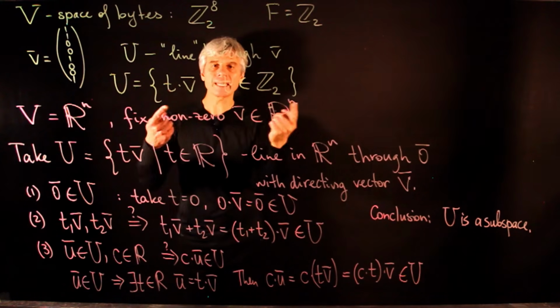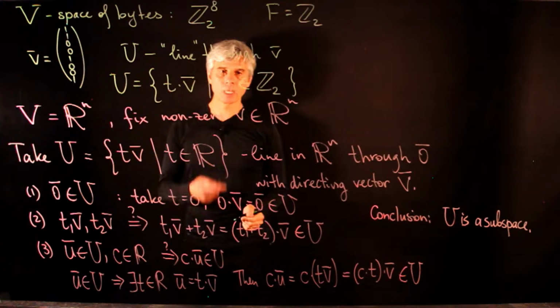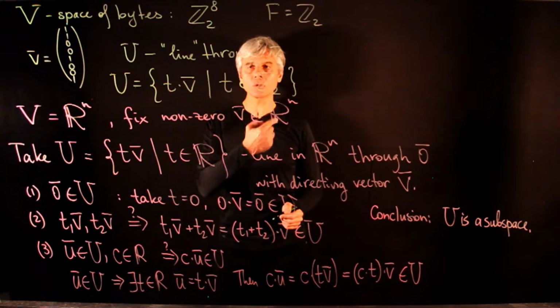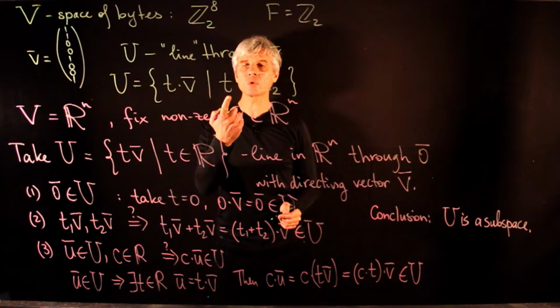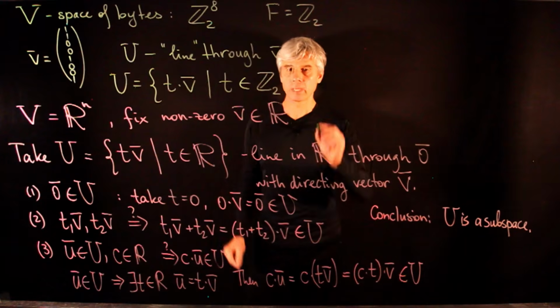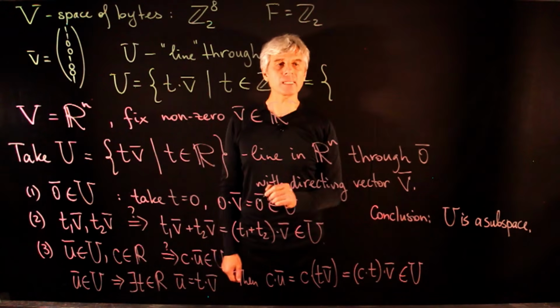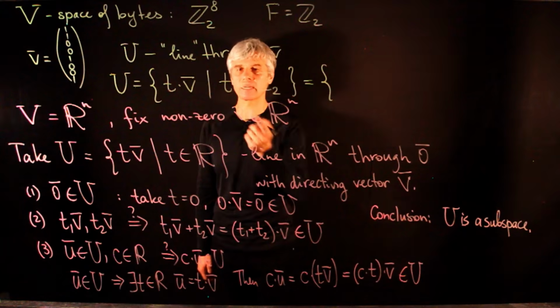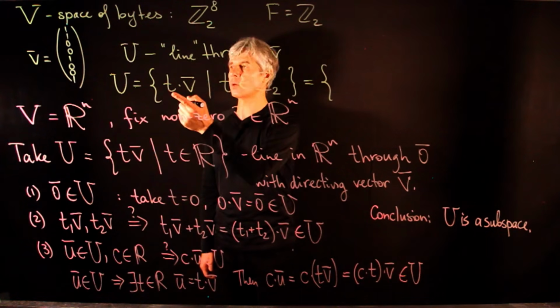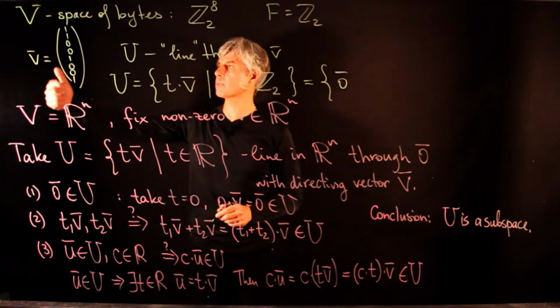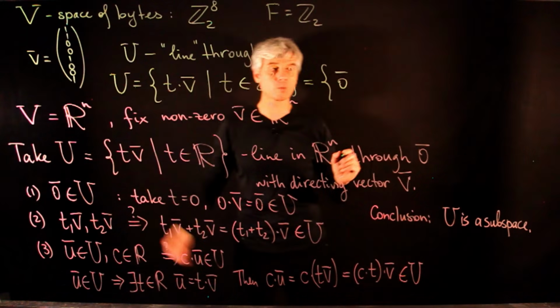Now, what kind of set is this going to be? In fact, because T runs over Z2, there are only two possible values for T. T could be 0 or 1. And so this set can be written explicitly very easily. If T is equal to 0, then the result is 0. If we take this byte and multiply it by 0, we're going to get a 0 byte.